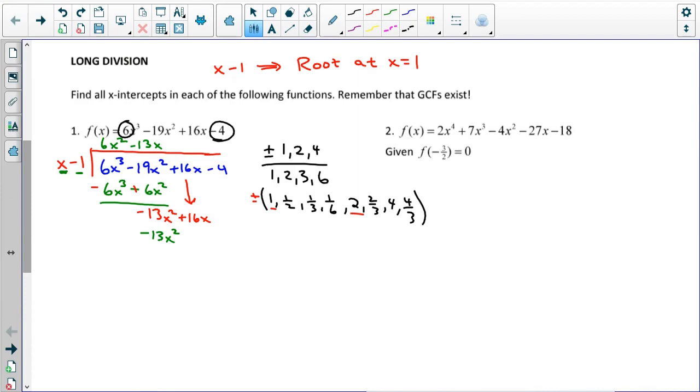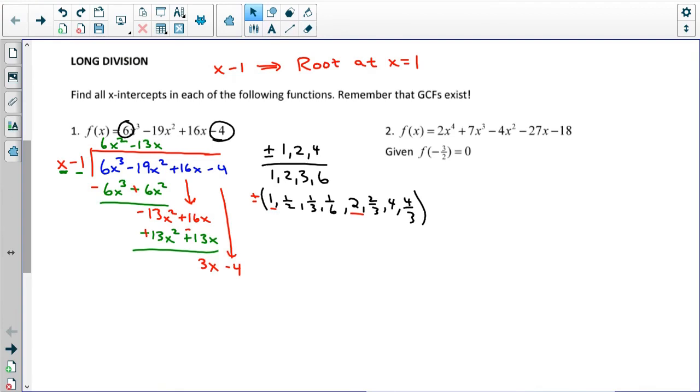I then also have to multiply it by the negative 1, so I get plus 13x. I now have to subtract those terms. So I am going to subtract, and I end up with 0 where the 13x squareds were, and then I have 3x. I'm going to pull down the 4.